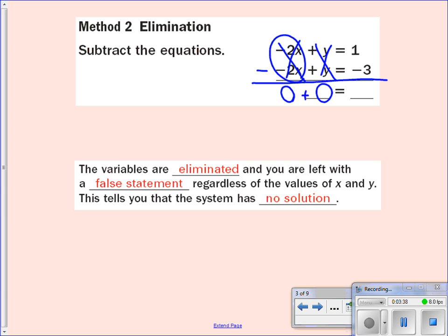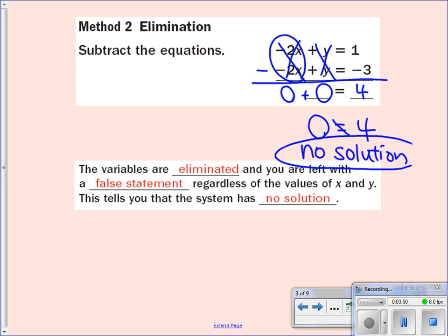That actually disappears, it has been eliminated, and I'm left with 0 equals 4. Does 0 equal 4? No. Anytime we get a statement that's not true, that means no solution. If everything gets eliminated and you're left with a false statement like 0 equals 4, there is no solution.